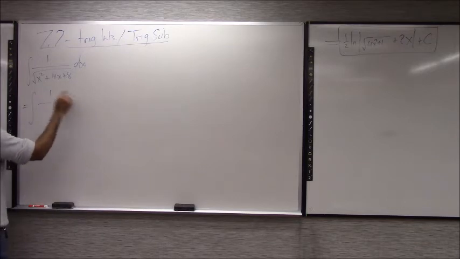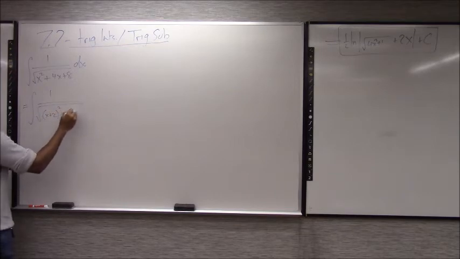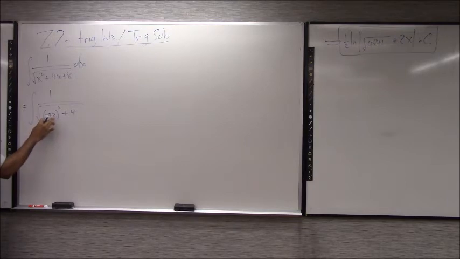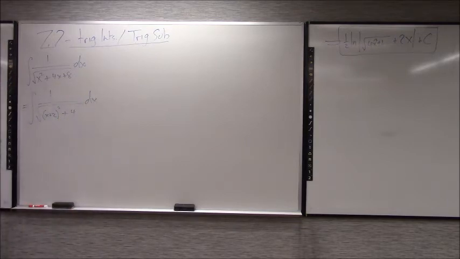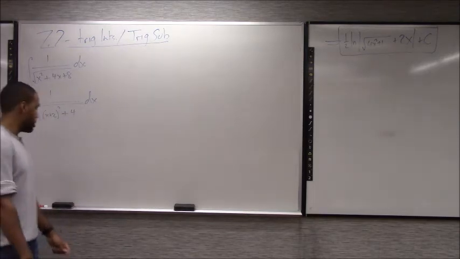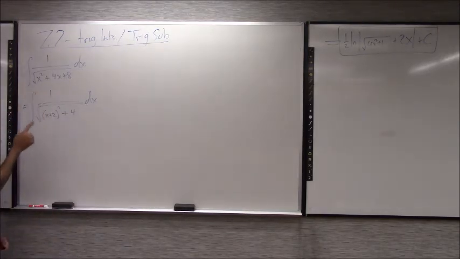I can complete the square of this guy. That's going to be x plus 2 squared plus 4, because that gives me a plus 4, then I need plus 4 to get 8. So that is actually equal to that. And again, technically, yes, you could do a sinh inverse substitution here, but let's do it the trig sub way.